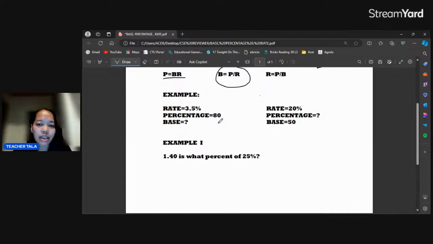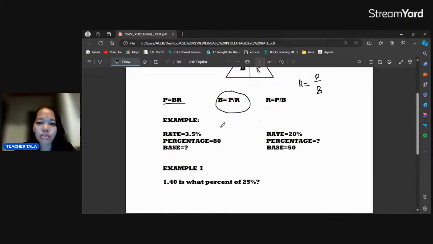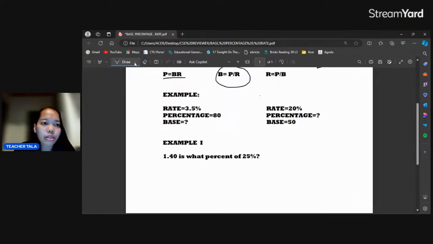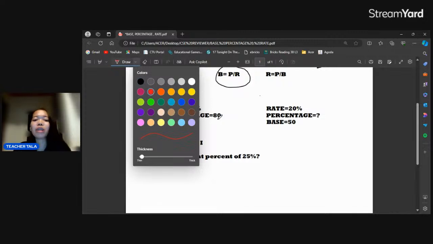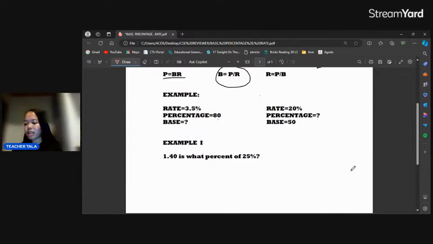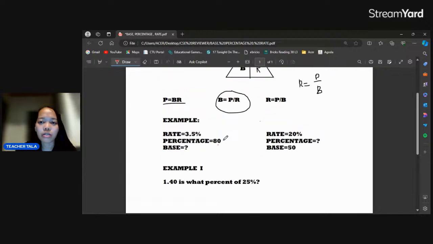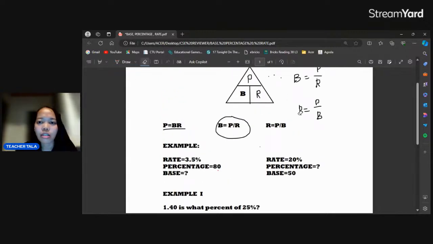So that will be, wala tayong space to work on. I'm going to use a different color para iba yung color ng solution natin. Dito tayo magsa-solve. Erase muna natin to. So, rate R is equal to 3.5%.